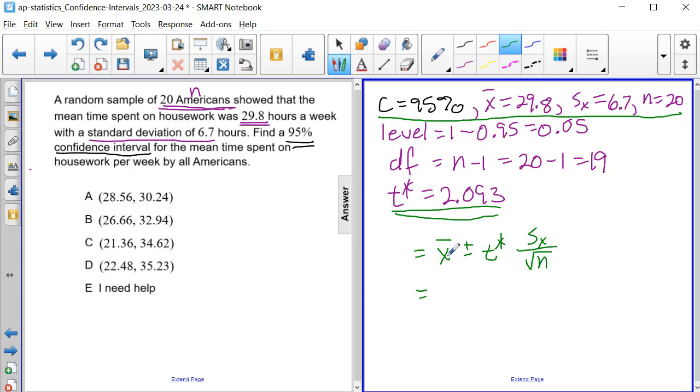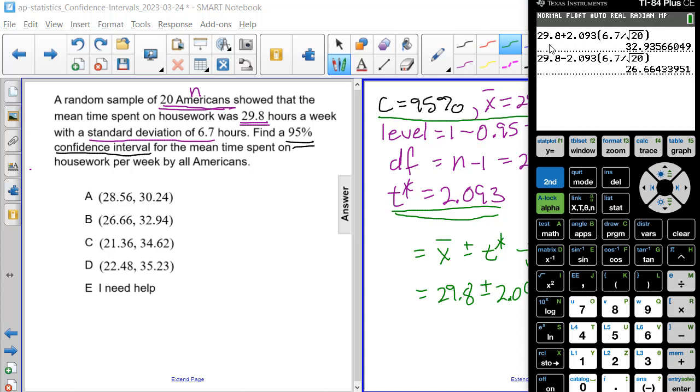And now we can substitute our values in. So again, our mean is 29.8 plus or minus our t star value of 2.093, and then we have our standard deviation of 6.7 divided by the square root of n, which is 20.